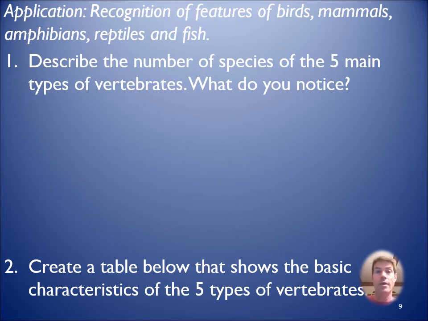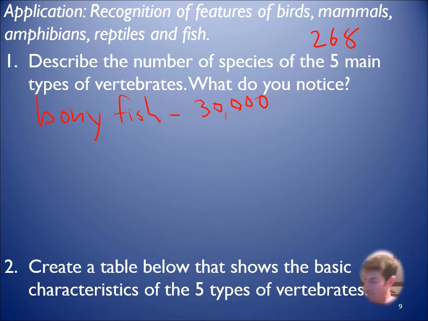So we have these vertebrates. Let's list them. You'll see them on page, this is 268. So I'm going from bony fish. There are 30,000 species. Then birds.